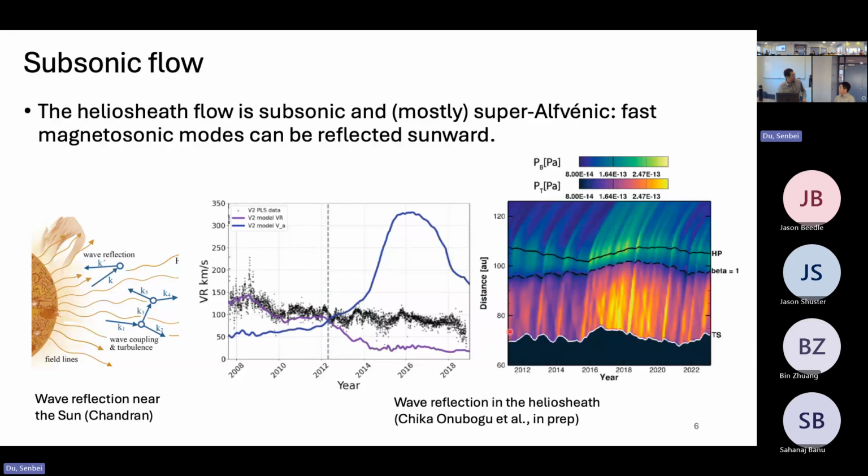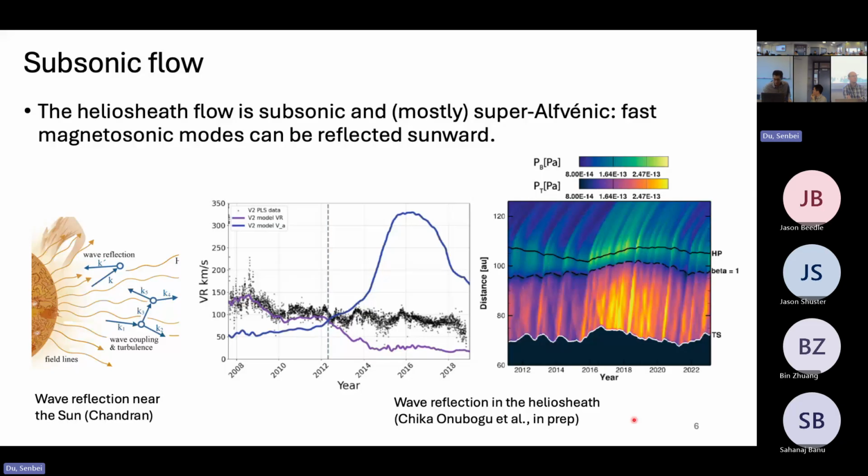We see this structure with positive slope, which means it's going outward from the sun, propagating from the termination shock to the heliopause. The slope of this line is roughly the flow speed plus the magnetosonic speed. So these are roughly the magnetosonic waves propagating outward.